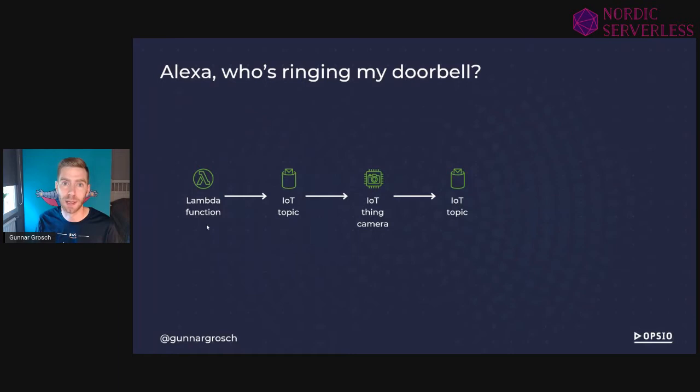So this will be on demand, which means that when we run our Lambda function, the IoT device will take the picture. So I find that to be quite a good use case for these kinds of devices.